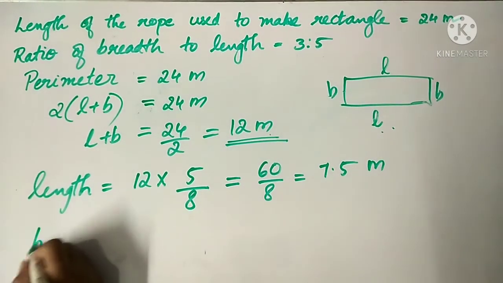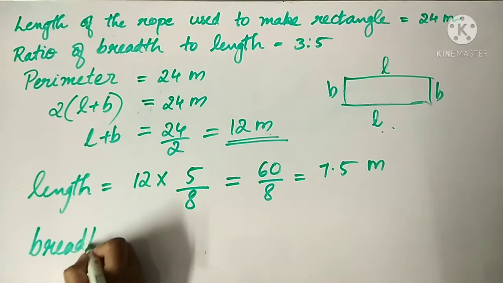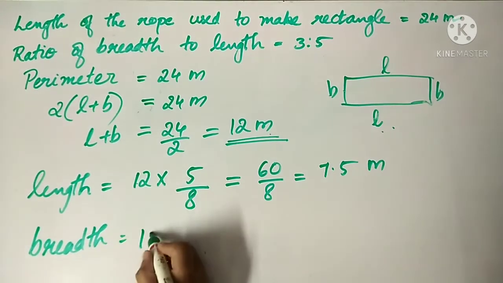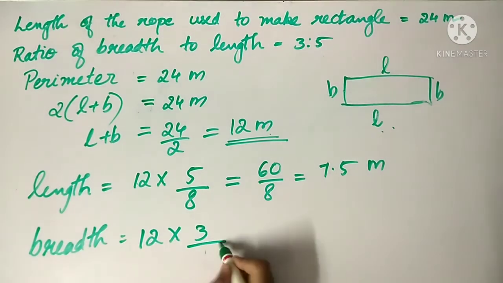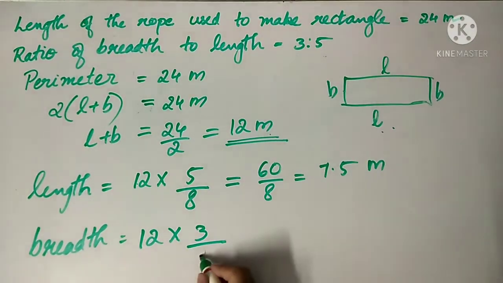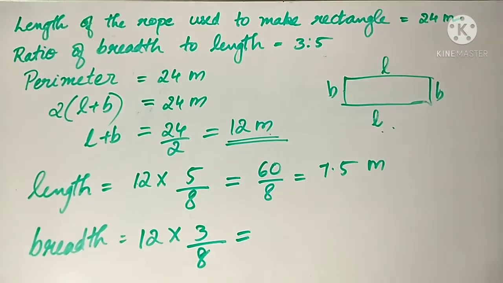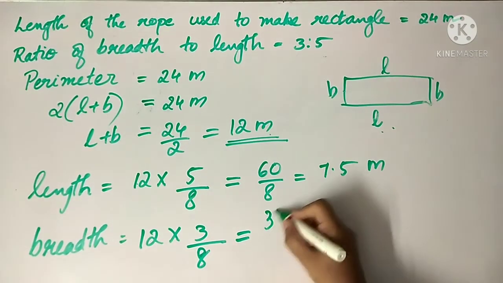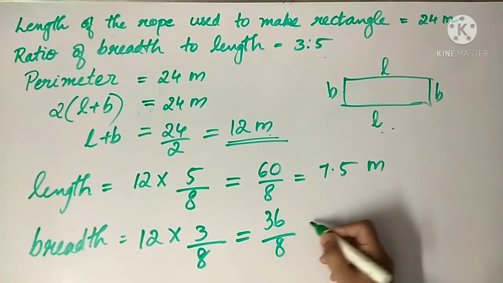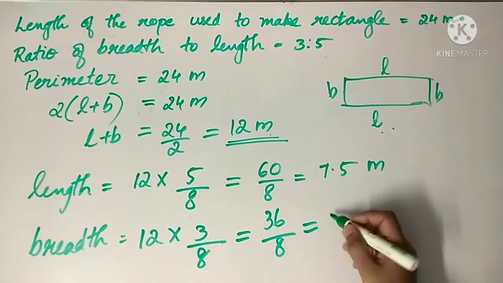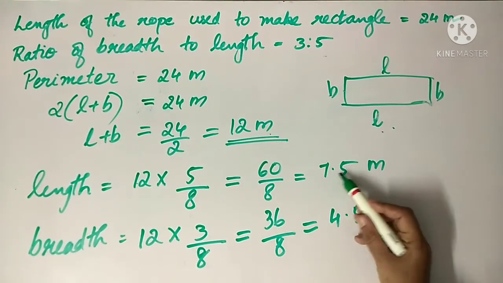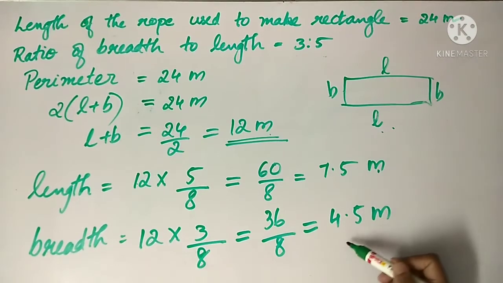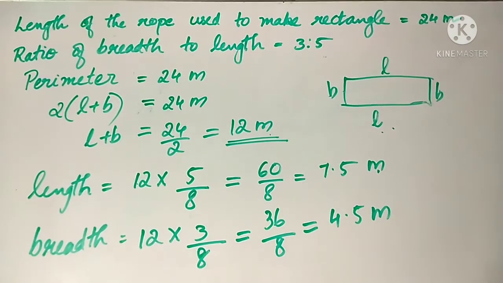Now we have to find breadth. Breadth is equal to total 12 into ratio of breadth 3, by total 5 plus 3 is 8. That is 12 into 3 is 36 by 8, that is 4.5 meter. So length is 7.5 meter and breadth is 4.5 meter.